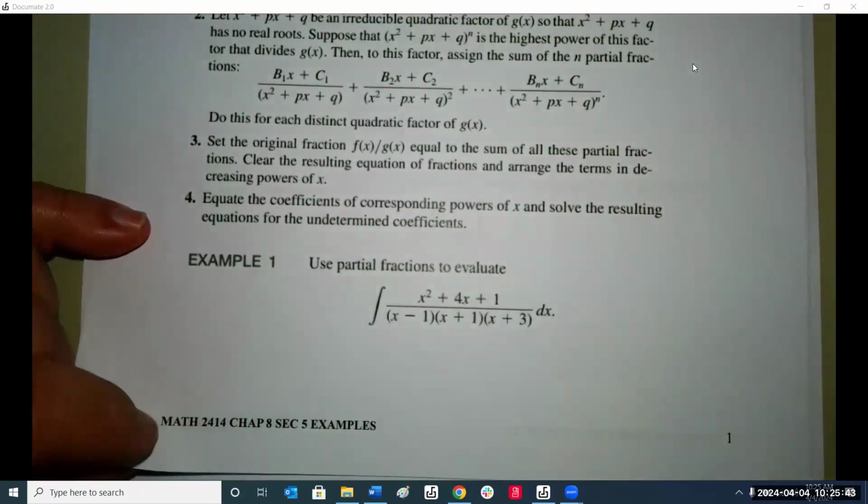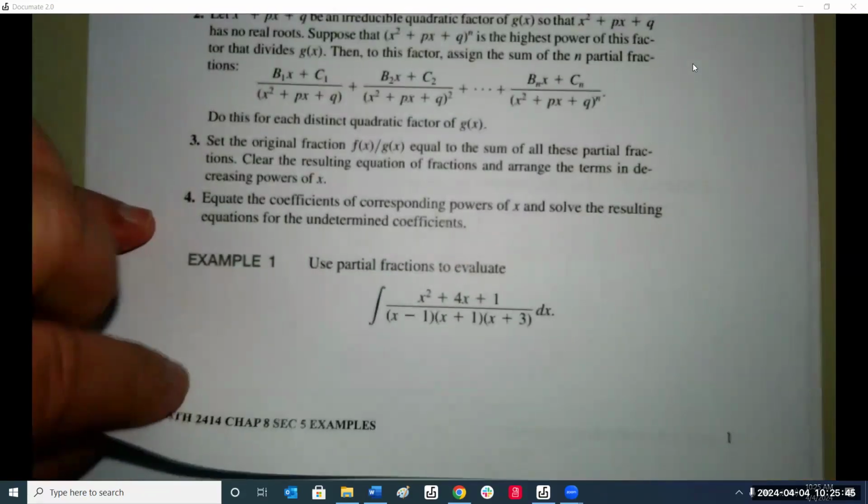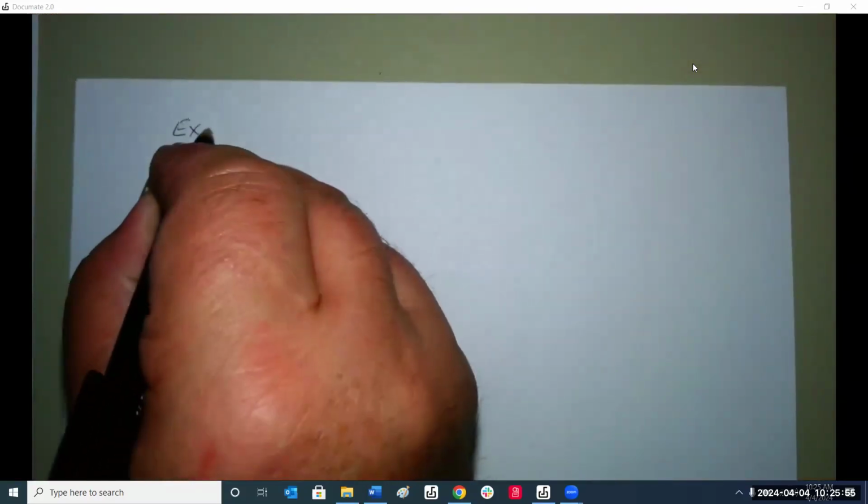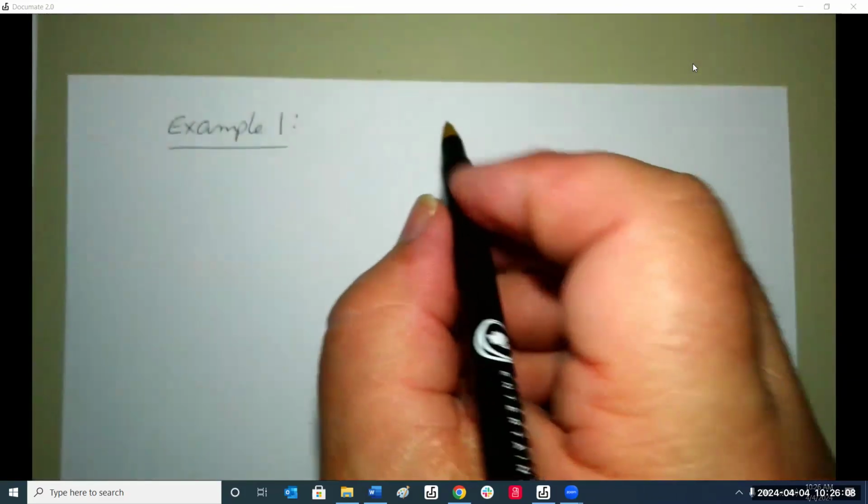So let's look at example 1. Again, this method is not difficult, it's just long. And you have to remember how to do either Cramer's rule or how to solve matrices.